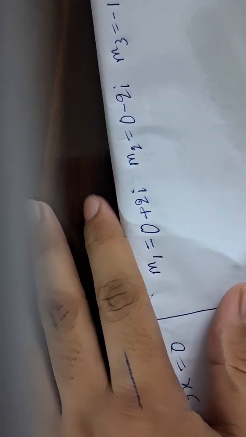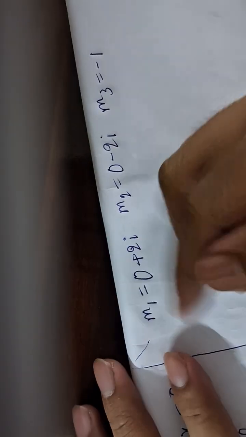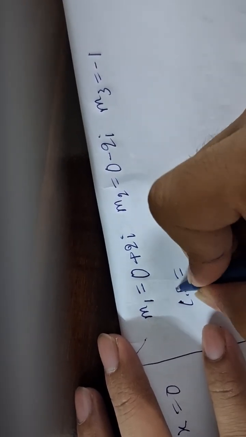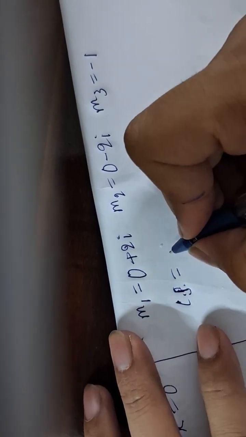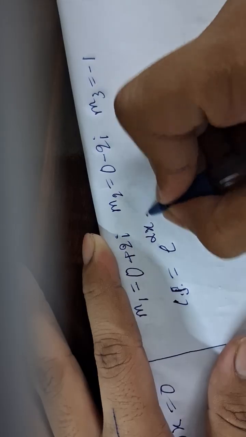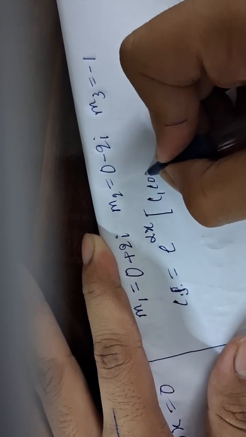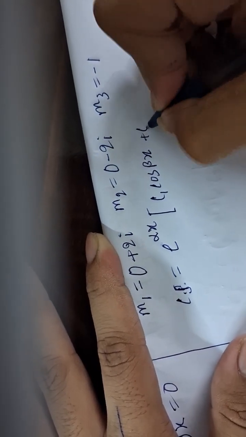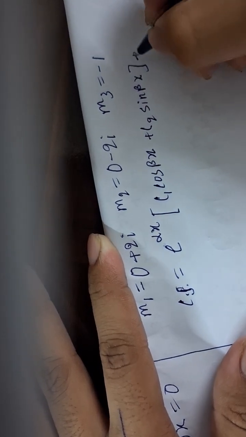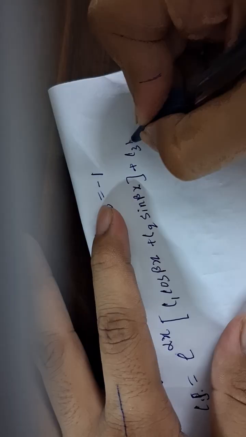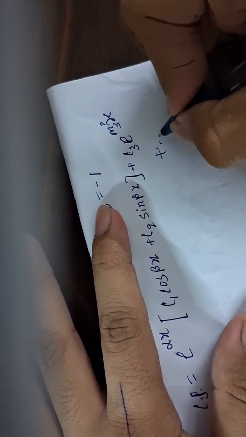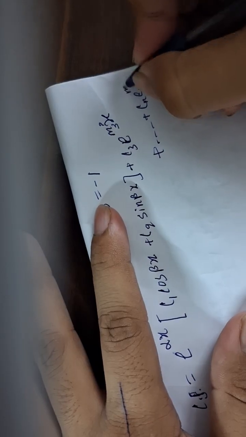Remember, in such cases the CF or CS you can say is nothing but e to the power alpha x (c1 cos of beta x plus c2 sine of beta x) plus c3 e to the power m3 x plus dot dot dot cn e to the power mn x.